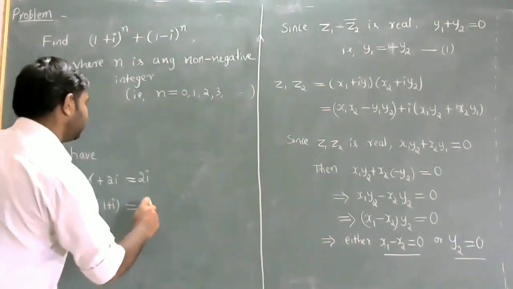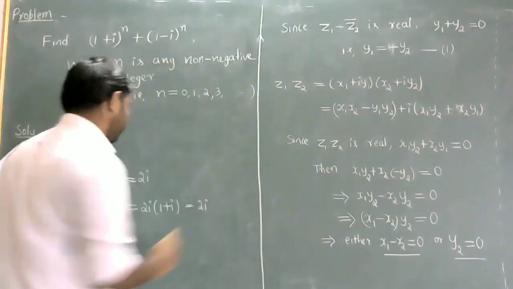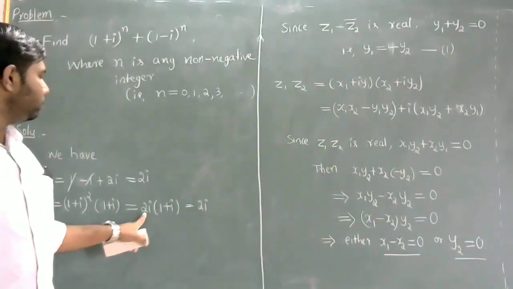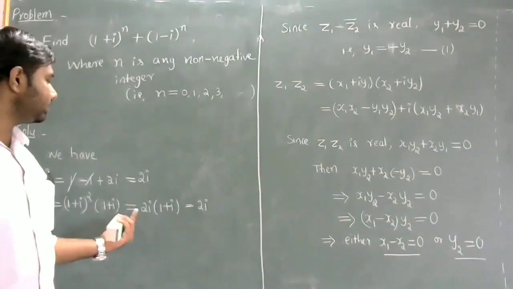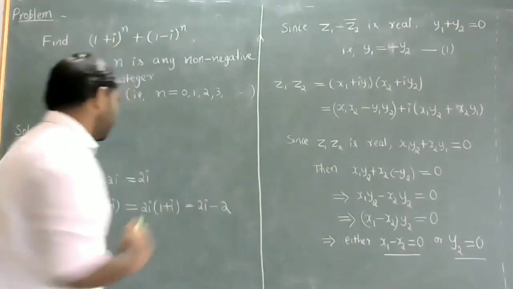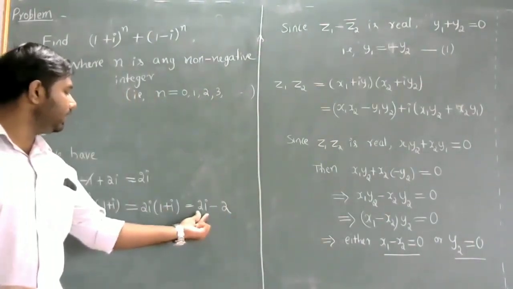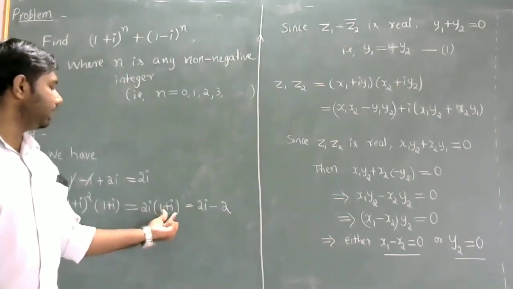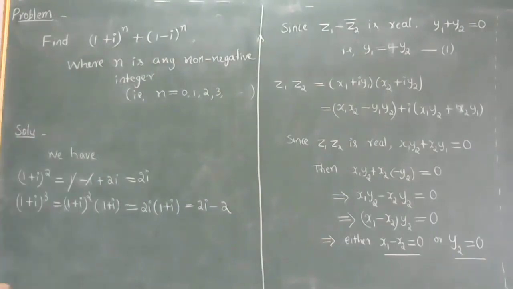So 2i into (1+i): 1 into 2i is 2i, and 2i into i means 2i², and i² is -1, so it will be -2. So (1+i)³ is 2i - 2.